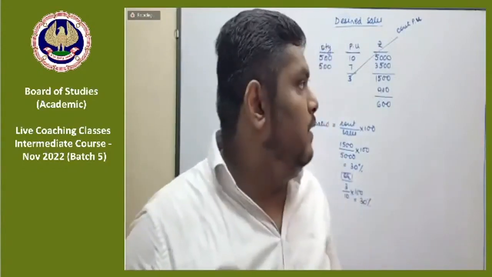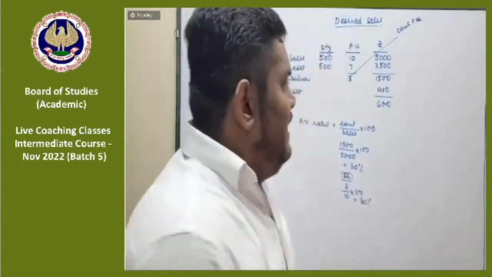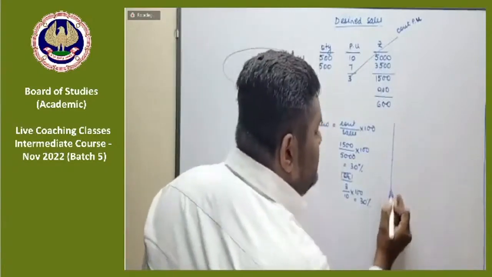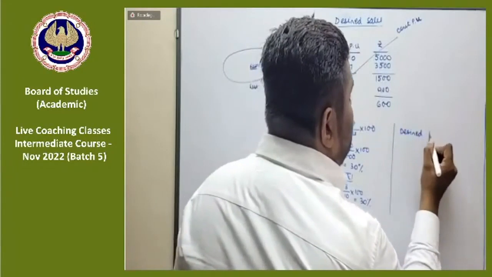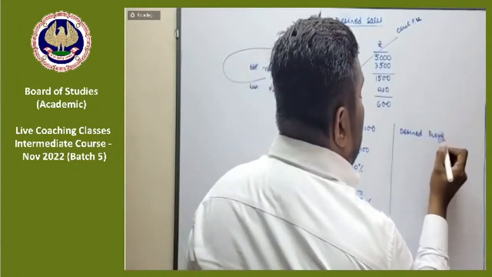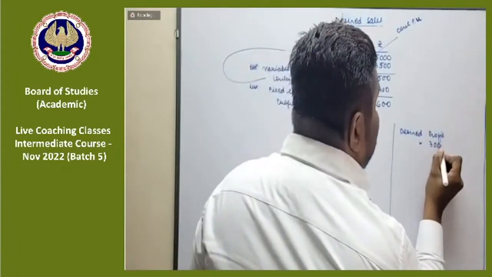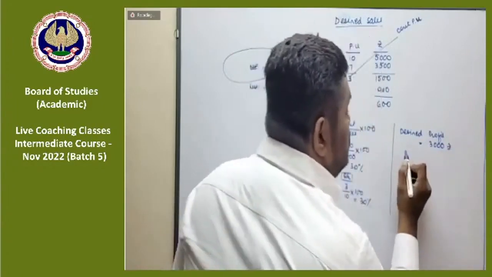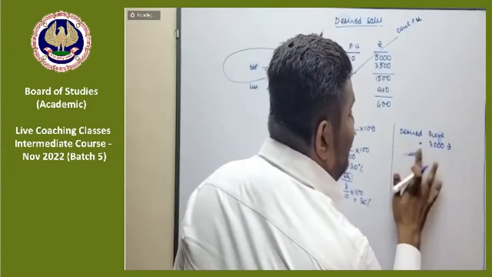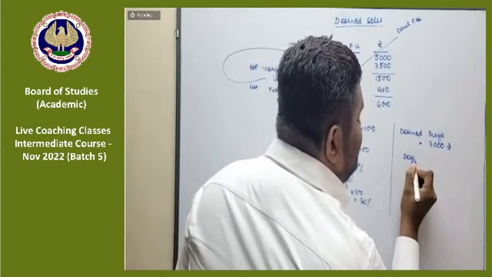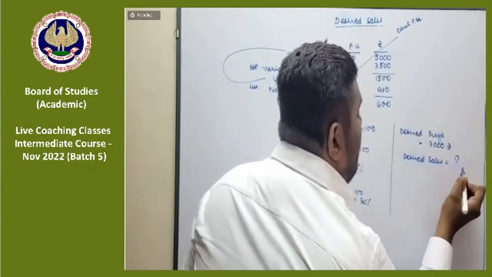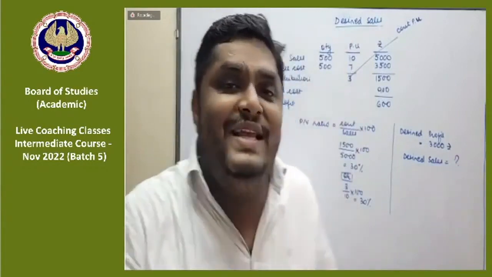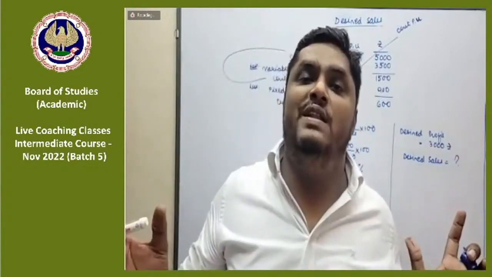Very good, Poonam. Now, let's say the examiner is asking us that my desired profit is 3,000 rupees. So how much should be my desired sales? How much sale is required to earn a profit of 3,000?